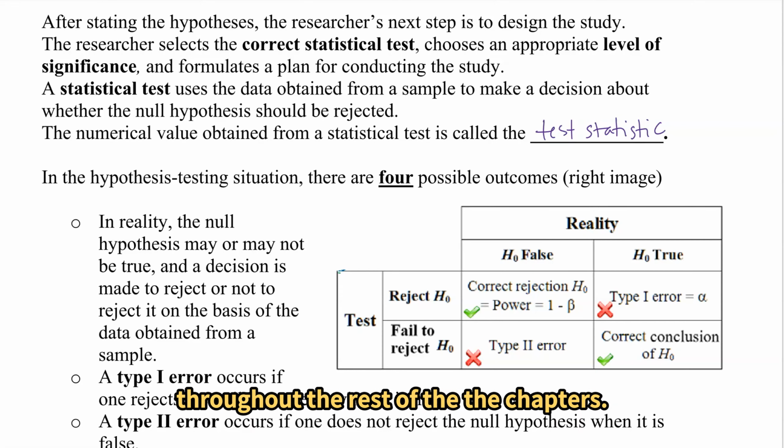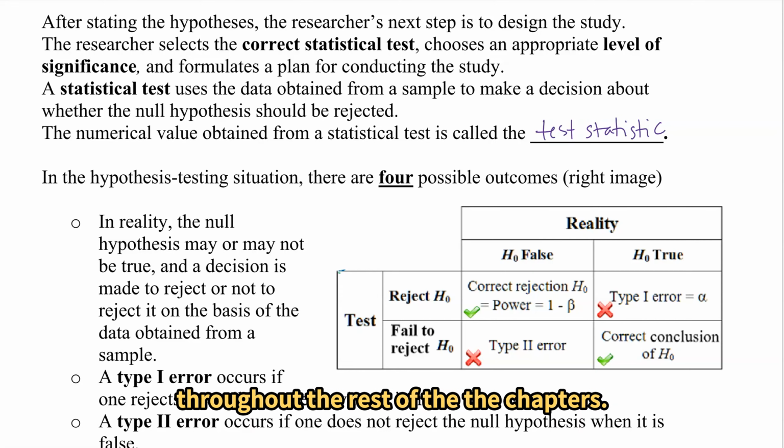When we're going through hypothesis tests, there are 4 different possible outcomes. And the 4 different possible outcomes are given in this graphic that has been adapted from Wikipedia. We have a situation of reality. Either the null hypothesis is false or the null hypothesis is true.